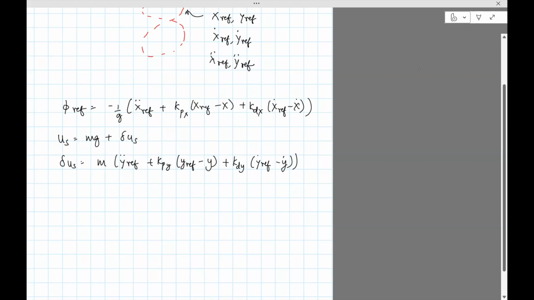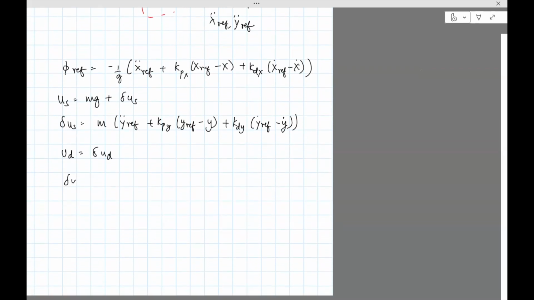And then there is a third piece, which is ud, which is delta ud. Why have I written it this way? There is no nominal part, like mg is a nominal part to keep it hovering. There's no nominal part for the difference. So I just wrote it as 0 plus ud, and then I just ignored the 0. So the delta ud is minus kd phi dot minus kp times phi ref minus phi.